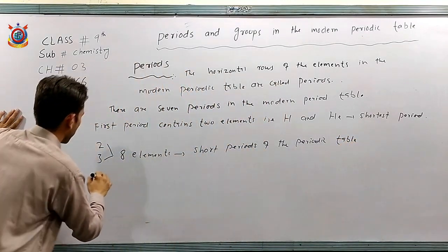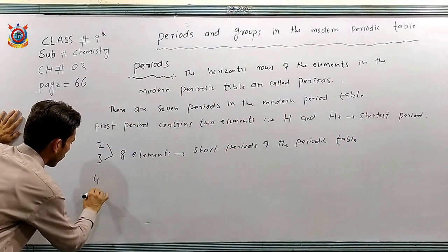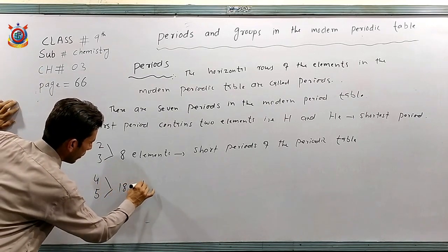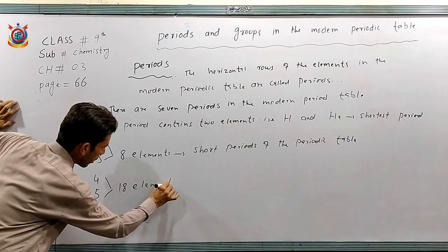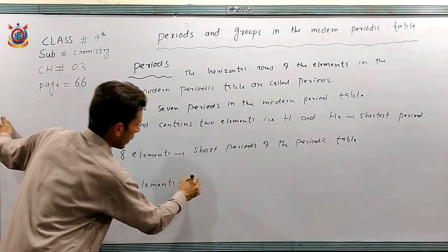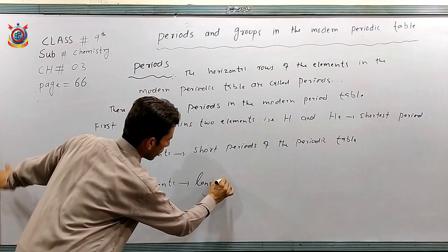Fourth and fifth periods contain 18 elements each, and these are called long periods of the periodic table.